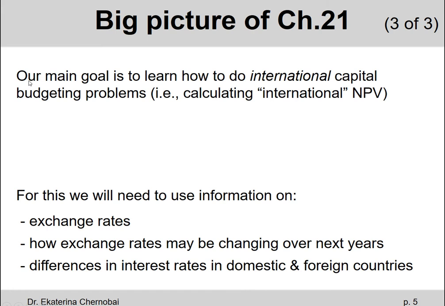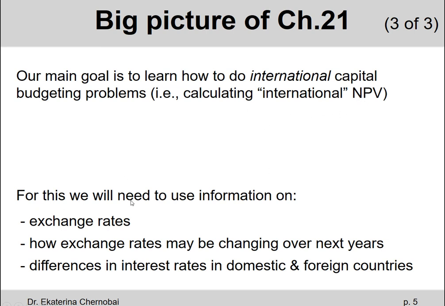So our main goal is basically to figure out how those problems would be solved. Our main goal is to learn how to do international capital budgeting problems, taking into account all those issues and knowing how to solve them. So we will be calculating international net present value for international projects.